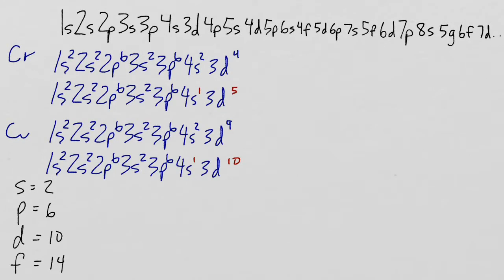Their actual electron configurations favor having a half-full or a full d shell at the expense of having a half-full s shell instead of a full s shell. So chromium and the elements underneath it in the periodic table, and copper and the elements underneath it, will all have these similar trends. When they're close to having a full or a half-full d shell, they will actually sacrifice having a full s shell. So bear that in mind when you're writing these.